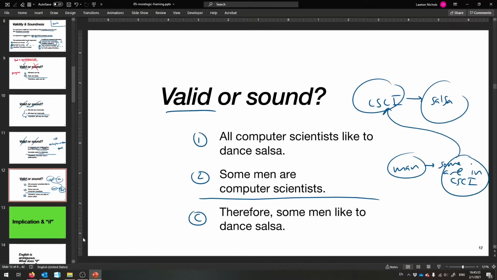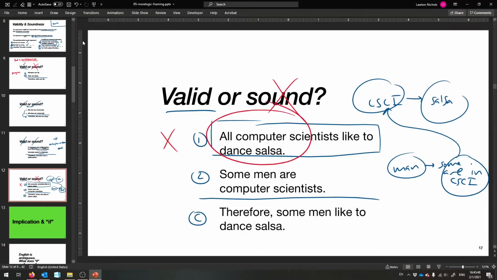But it's not sound, I don't think, because not all computer scientists, unfortunately, like to dance salsa. So that one's not true. So it can't be sound, but it is valid. If we were in a universe where this was true, then we can totally prove the conclusion. Okay, I hope you've got that.